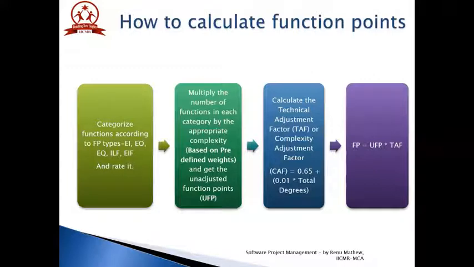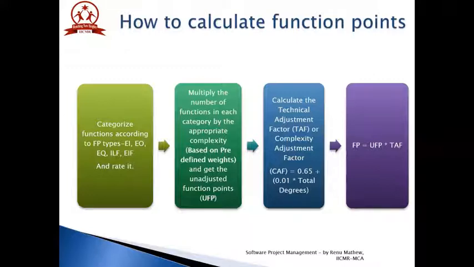We have already learned that the number of function points is also impacted by the technological factors. So the third step is to calculate the technical adjustment factor for all those 14 factors which are identified. It is calculated using the formula 0.65 plus 0.01 multiplied by the total degrees of all the 14 factors, which is empirically found.